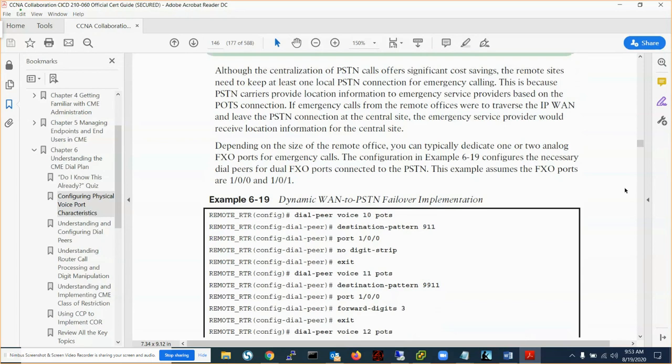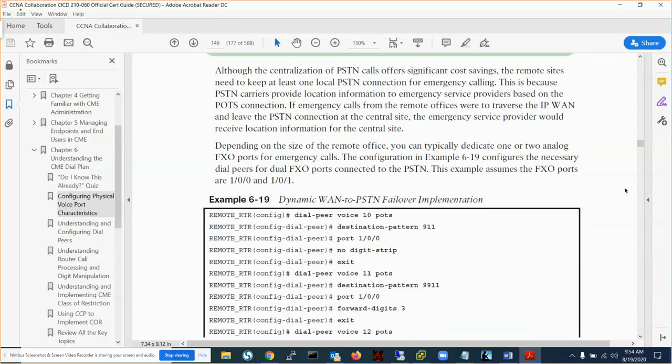So what people used to say at these remote sites is, I'm seeing a Port of Spain caller ID, even though you're calling from the Point Fortin office. Because the call has been routed through the voice gateway at the head office.